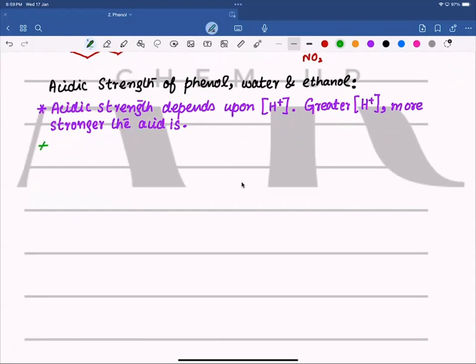Okay. So if you recall the ionic equilibria, it also gives us some relations.